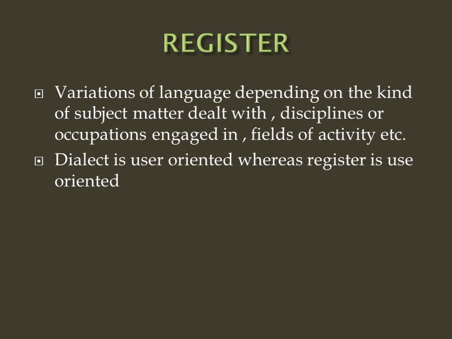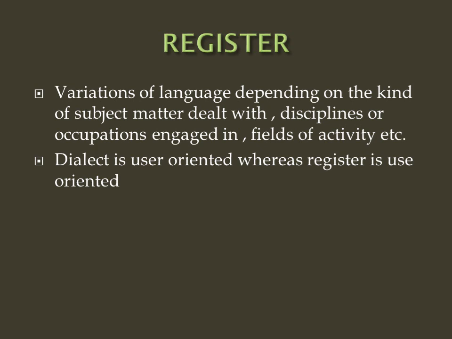Whereas a register is use oriented, because here it is different, as in a legal register or a medical register. It changes with the subject matter dealt with or the discipline or the occupation the speaker is involved in.